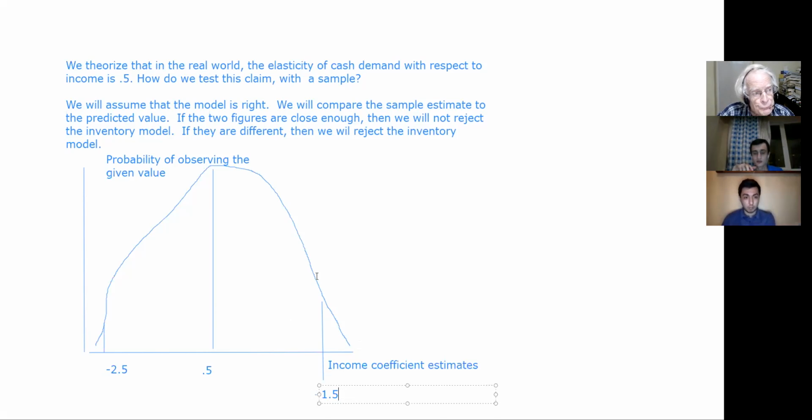Well, the distribution suggests that we are very unlikely to observe a value that is this extreme or even more extreme if in fact the correct value is 0.5.